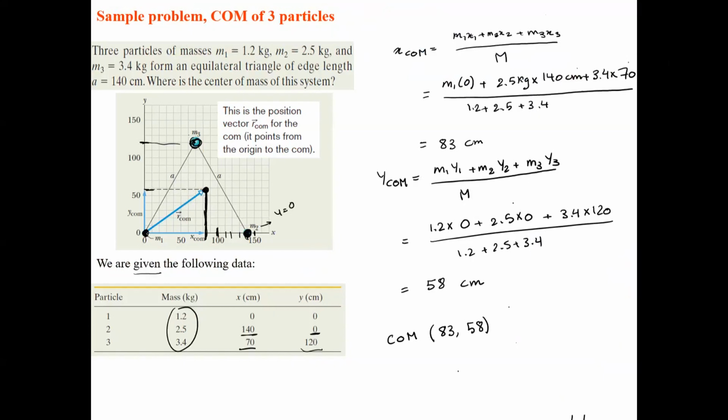Because M2 and M3 are larger than M1. So the center of mass is closer to M2 and M3. You can see how the physics always matches with the math.